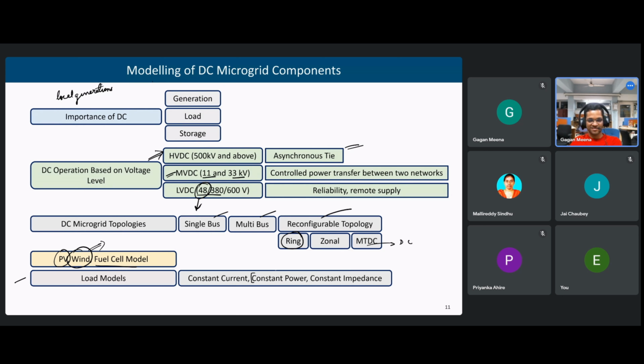Any idea? Should be constant power, because constant current, actually they are not pure resistance.